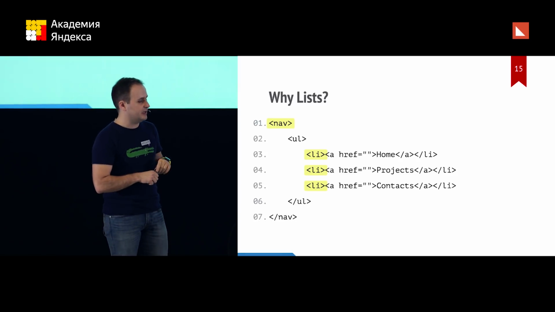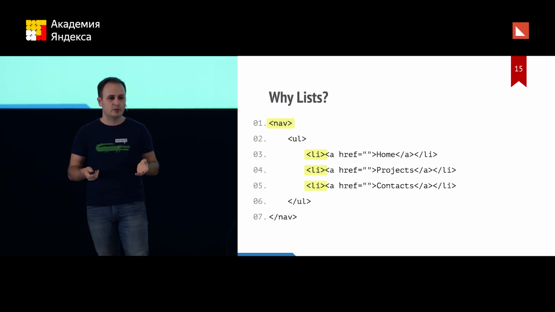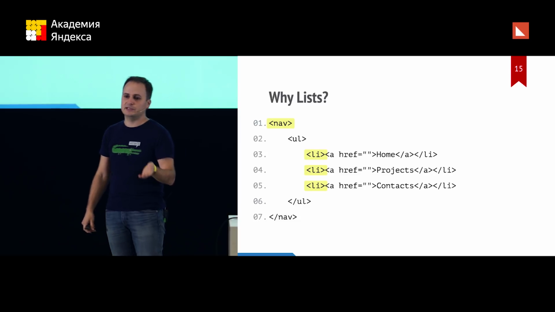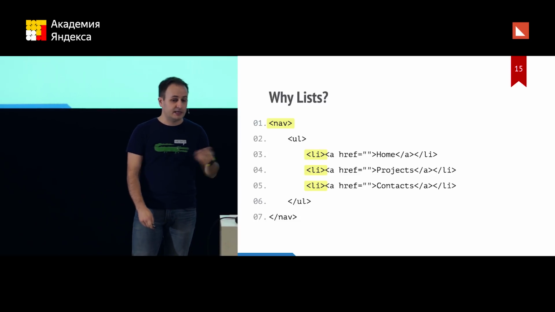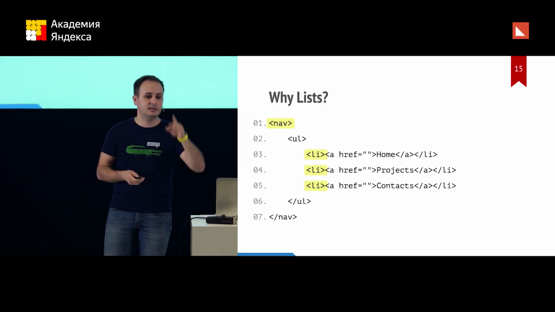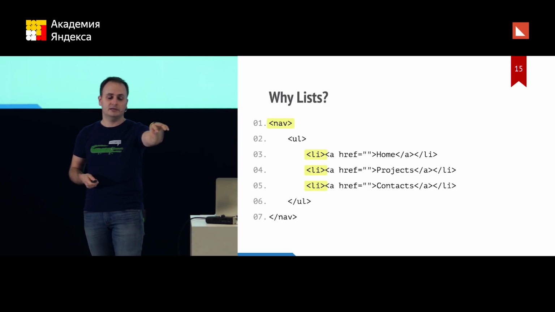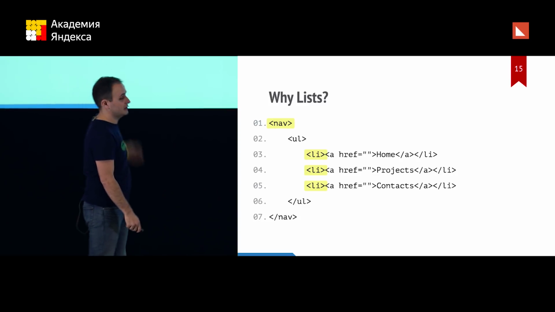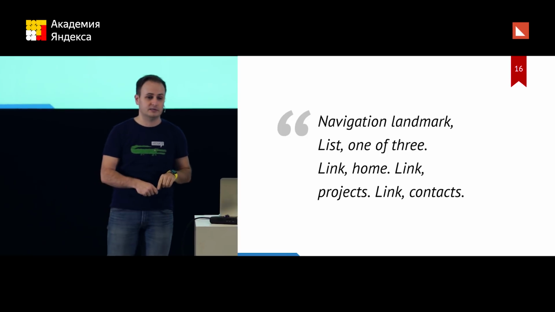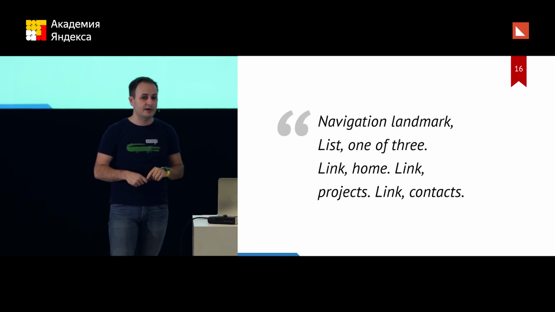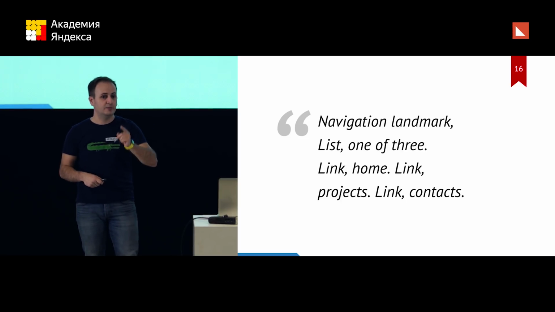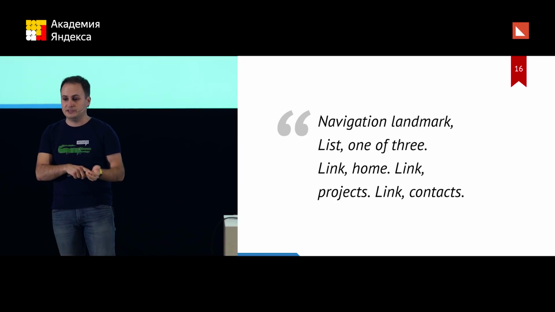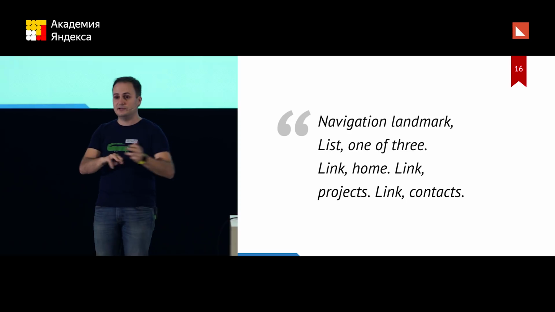And people always ask me, why lists? Who cares about lists? Why wouldn't you put just a bunch of links inside a div? And there's an answer for that, because this navigation wrapped in the nav tag and the list of links would sound in a screen reader like this: navigation landmark, list 1 of 3, link home, link projects, link contacts, because it announces to the user that this is a navigation, not just a random place of a site.